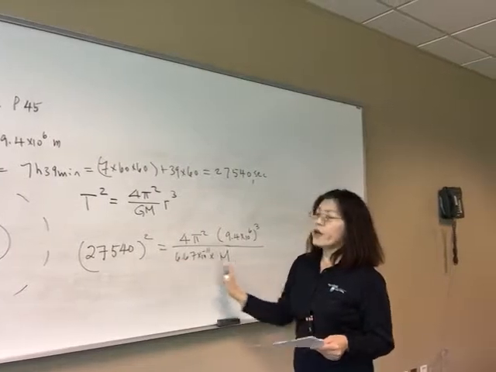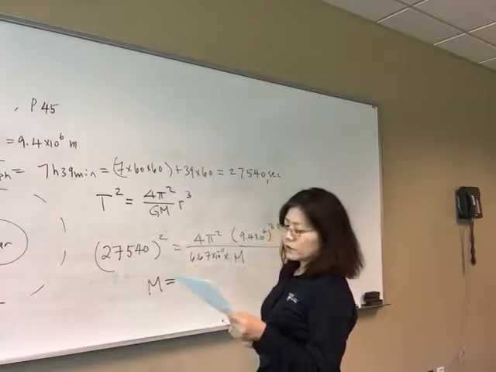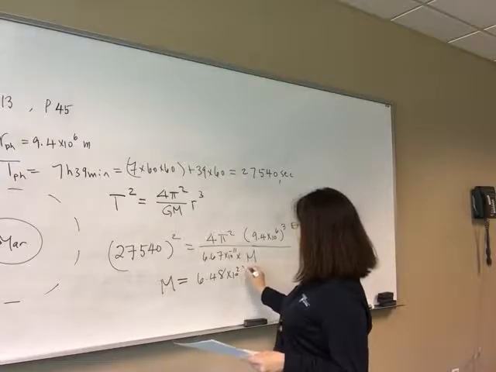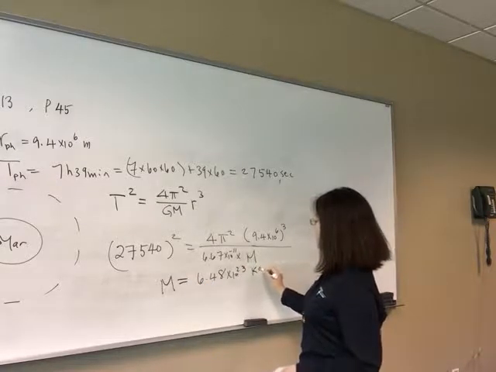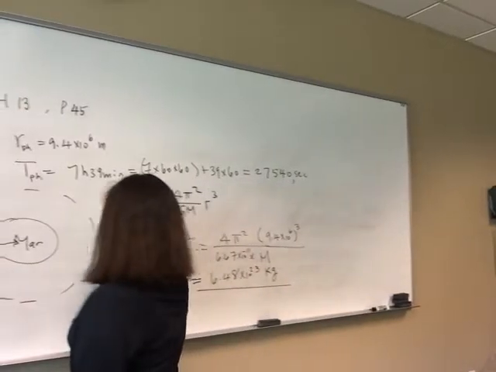So you can see that we have everything except the mass of Mars. After you do the calculation, you will get M equals 6.48 times 10 to the 23 kilograms. Okay, so this is the mass of Mars.